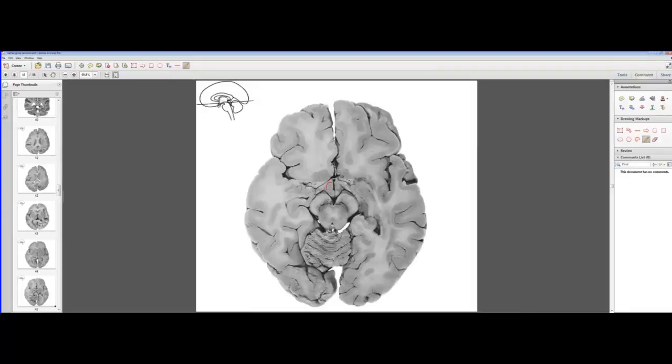So what's this tissue right here? It would be the hypothalamus. That's right. And do you know what these things that kind of look like breasts are? Mammillary bodies. Right. They're actually part of the hypothalamus, technically, the posterior extent of it.